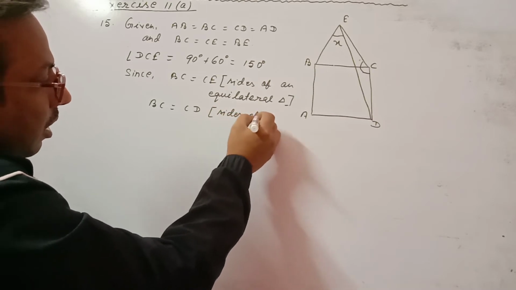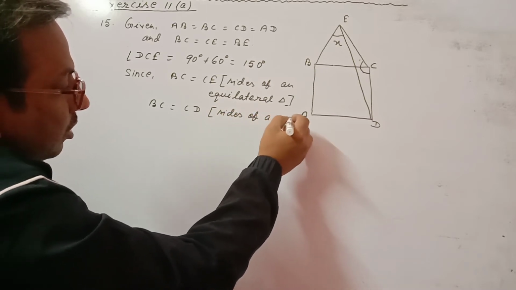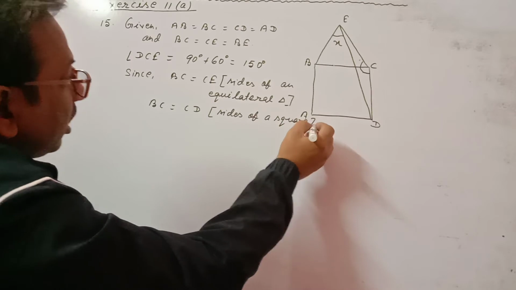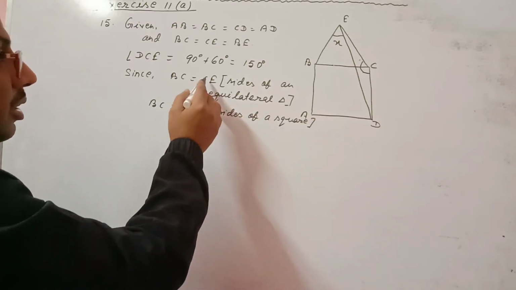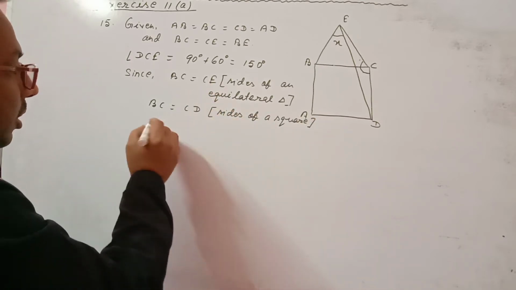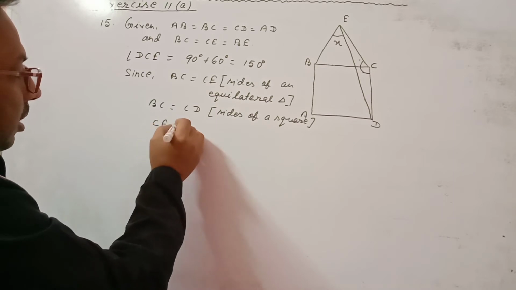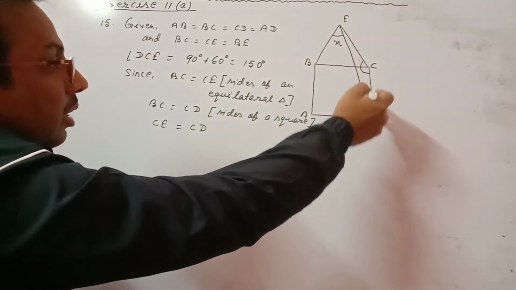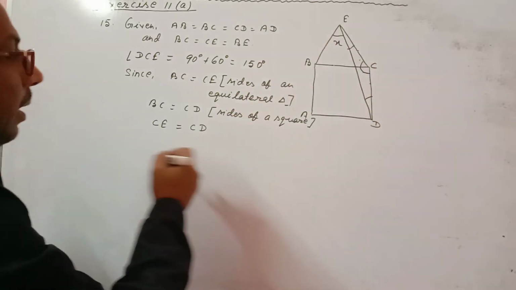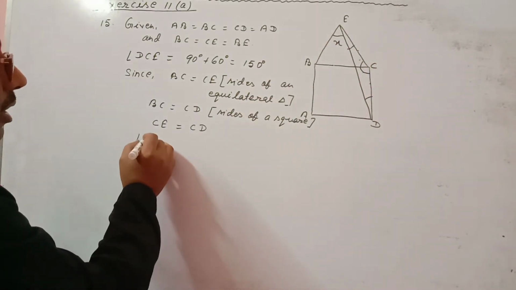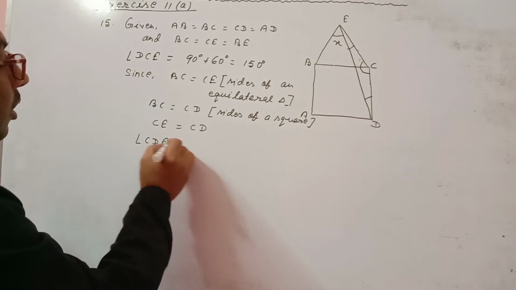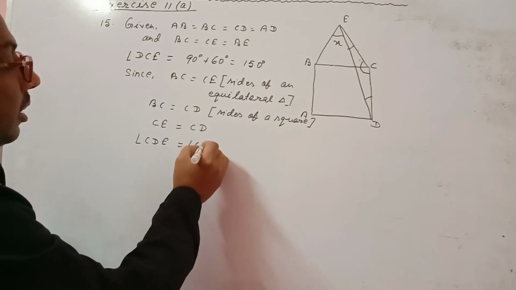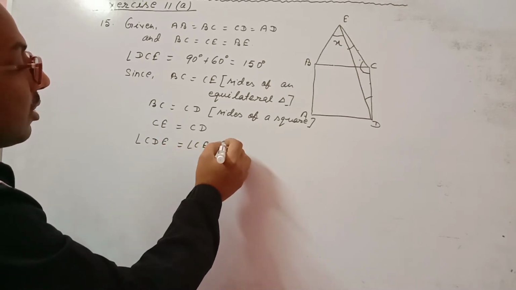So from these two, what can you write? We can write CE equal to CD. These two sides become equal, so these two angles will also be equal. So angle CDE will be equal to angle CED from isosceles property.